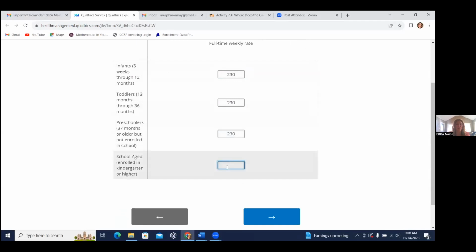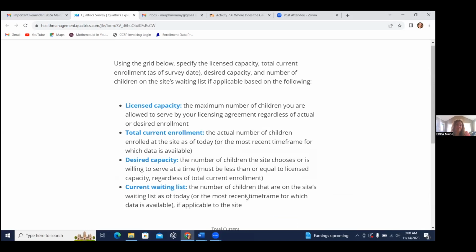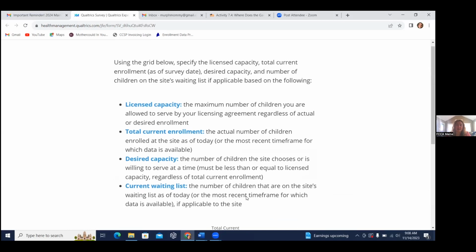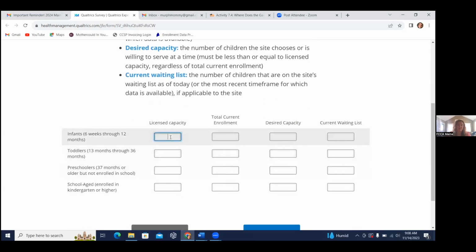And then I'm going to just put NA for school age and pretend I don't accept it. Some people don't, so that's how you would do that. Then, using the grid below, you specify your license capacity and total enrollment. With family childcare, your license capacity is typically 12.